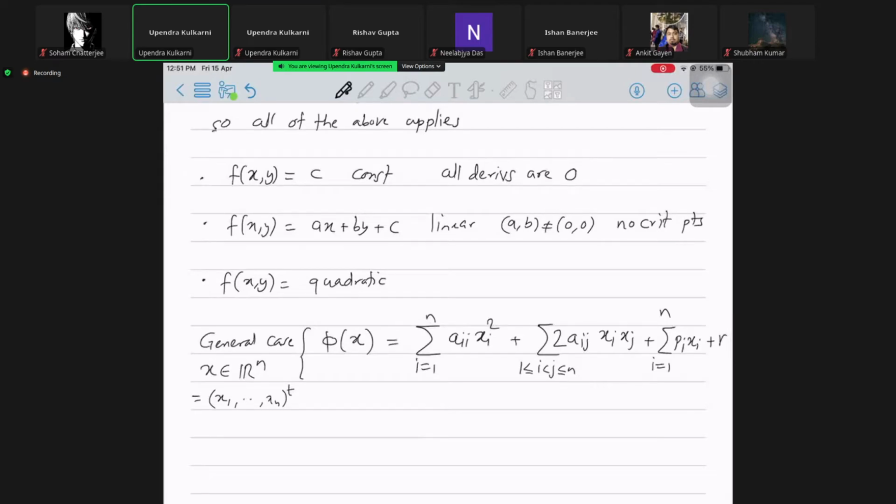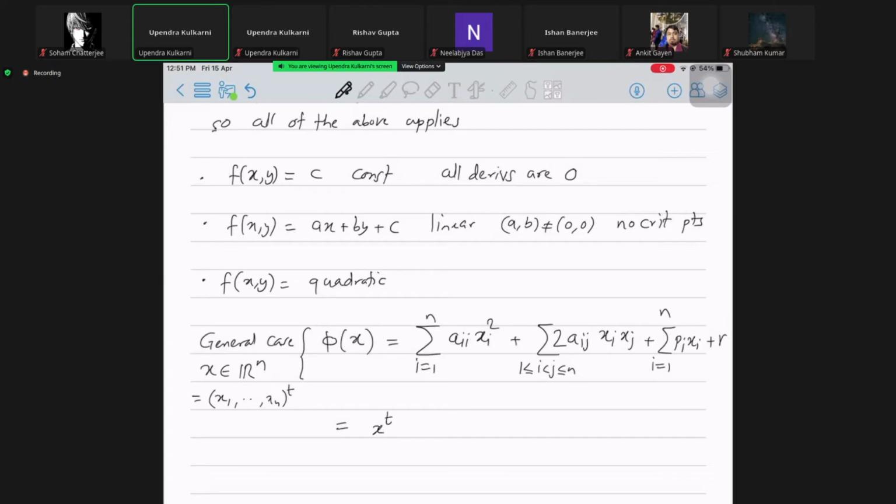Okay, so let's quickly write down the analysis, critical points, etc. And it will be nicer if we write this function in matrix notation. So just notice the following.